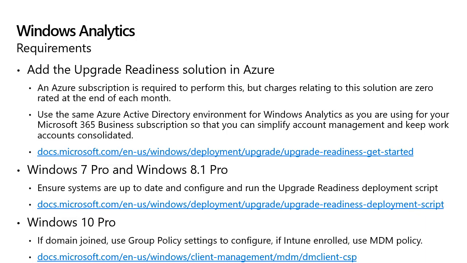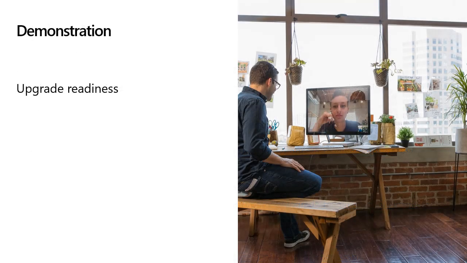So let's jump in now and take a look at what's involved after we've got everything configured. So use the information in the previous slide to go through and see what's involved in getting everything ready on the Azure side. But what I'll jump into now is an environment that's very heavily configured so that you can see a lot of data coming through from a lot of machines.